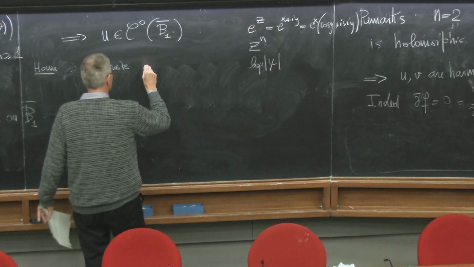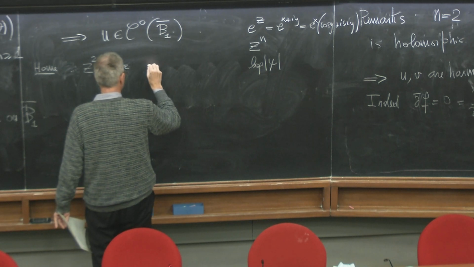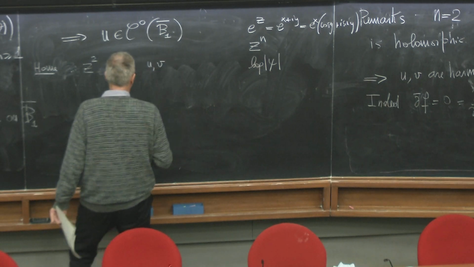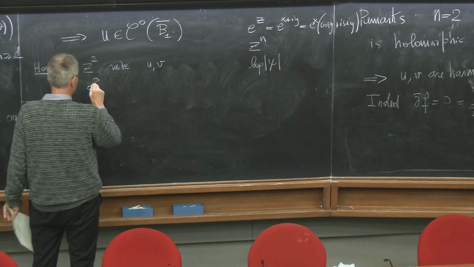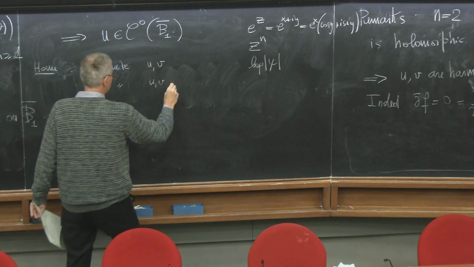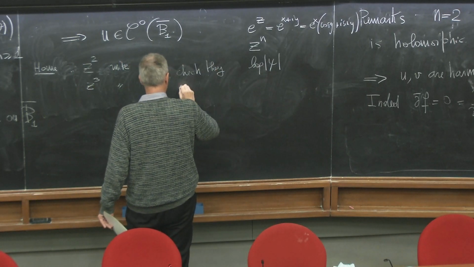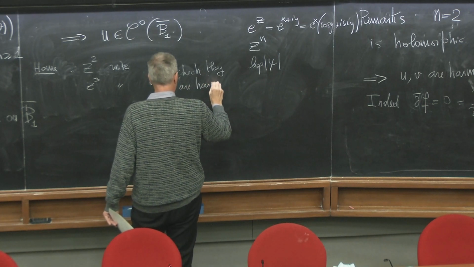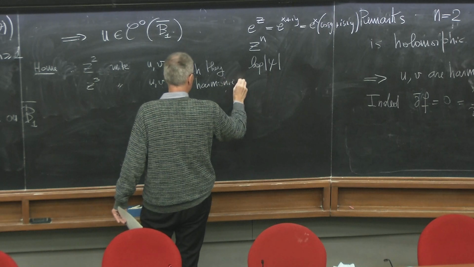Write these polynomials, the real and imaginary part, and check that they are harmonic, and also for z cubed. Check they are harmonic in R2, for instance.